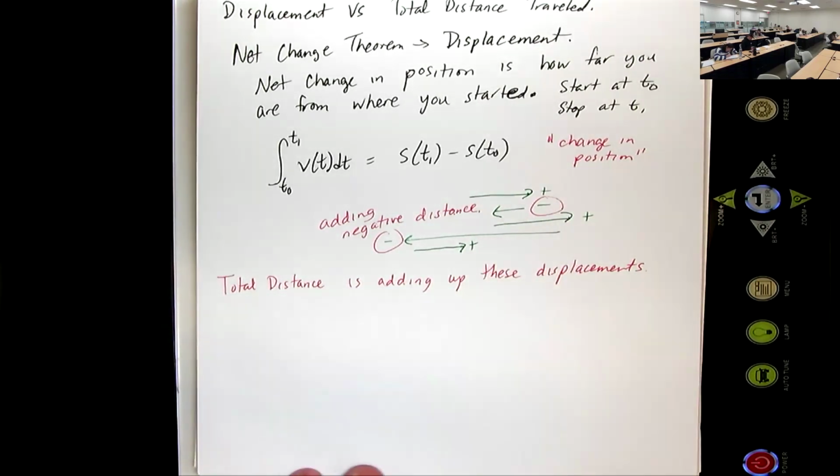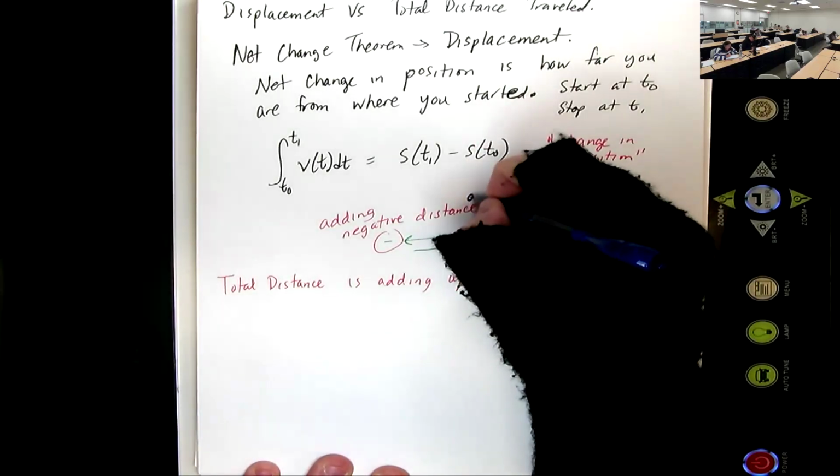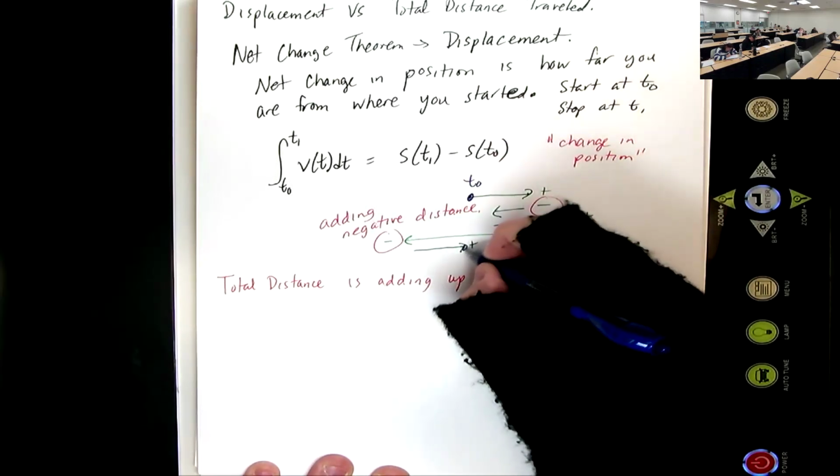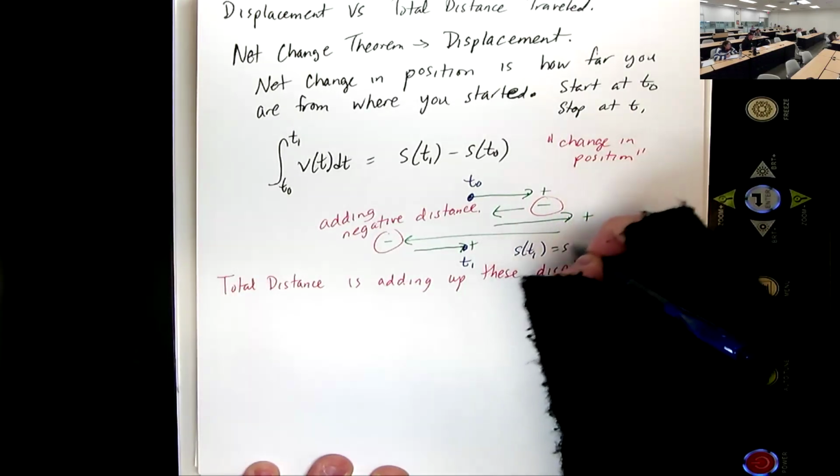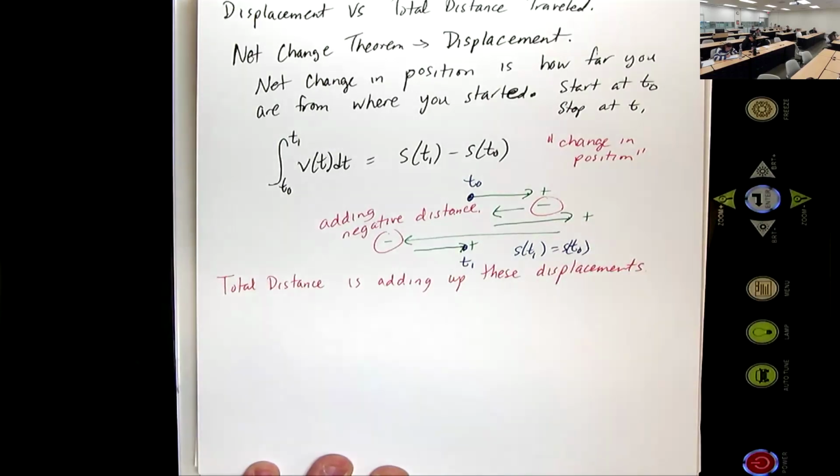All of our positive ones go to the right. If our t0 is right here and t1 is right here, then s of t1 equals s of t0. All my plus ones gave positive distance, my negative ones must be giving negative distance.